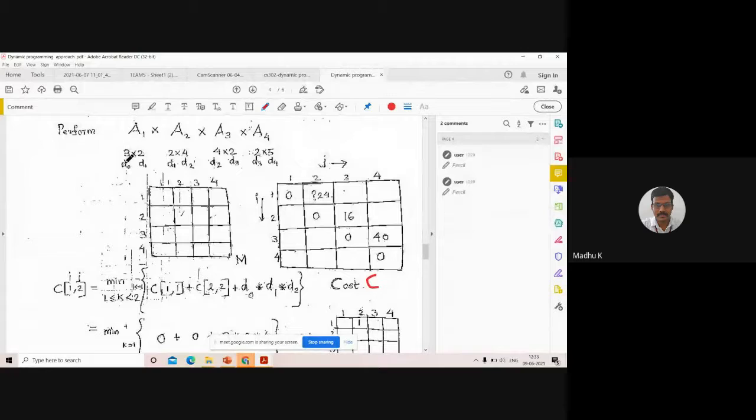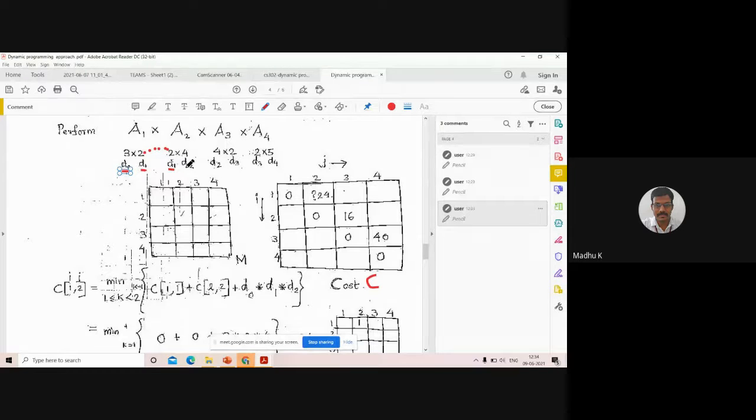Here we are assigning the variable D0. 3 is D0, and this is D1. These are the same, so this is also D1. This dimension is considered the same, D1.